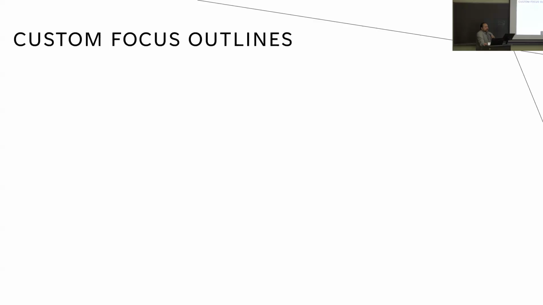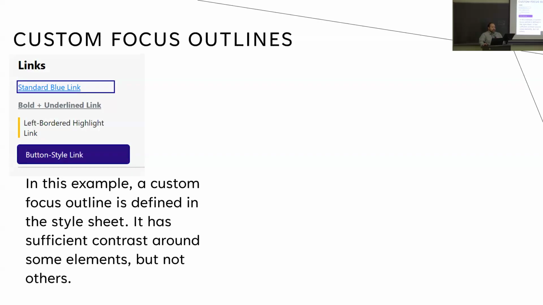Another example is custom focus outlines. We always recommend to our customers to just use the default browser agent, but this is another area where someone decided they don't like the default look of those focus outlines. So here on the slide is a list of links showing a bunch of different types of links.